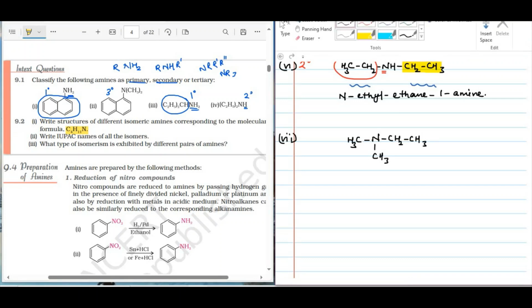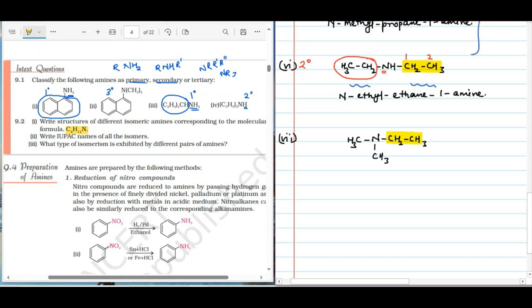Now the longest carbon chain is 2 carbons long. When you number the chain, you have to number it from the left direction. So 1, 2. Now there are two methyl substituents. These two are the methyl substituents bonded to nitrogen.